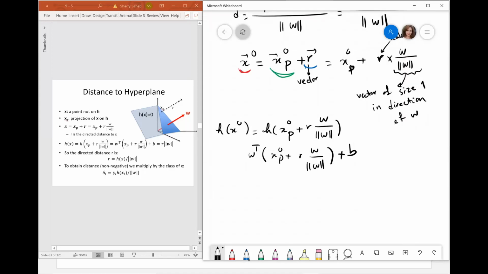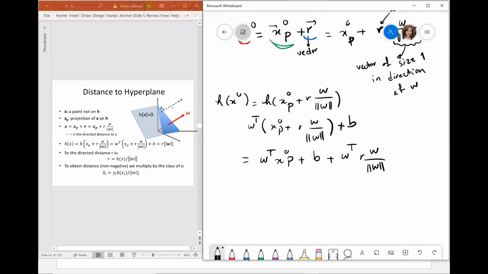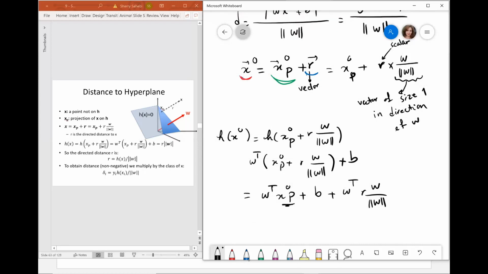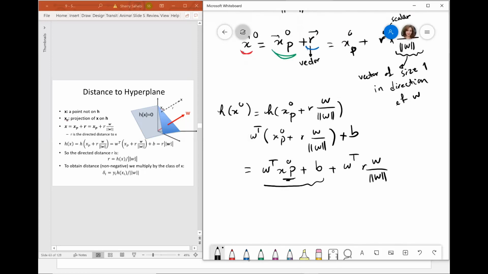Okay, so if I calculate this, it's going to be w transpose x0p plus b plus w transpose r w over norm of w. We know that x0p is on the line for which we had w transpose x plus b, or h of x, being equal to 0, right? So this part is actually h of x0p. Because x0p is on the line, it is actually equal to 0.